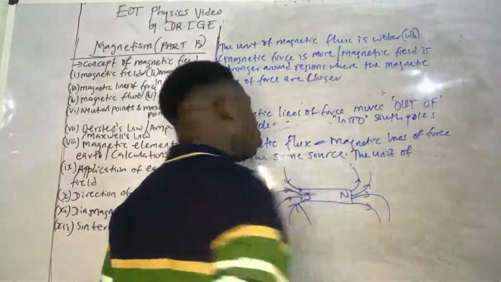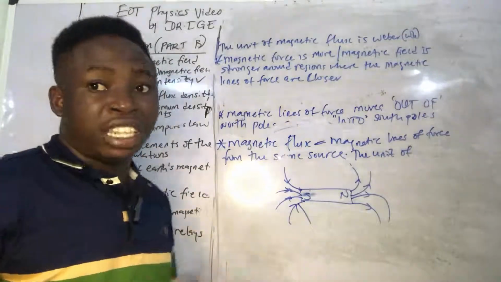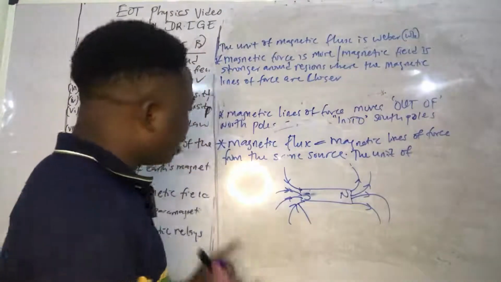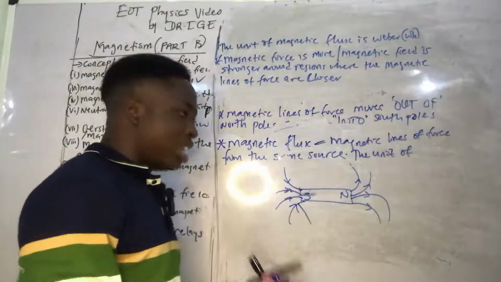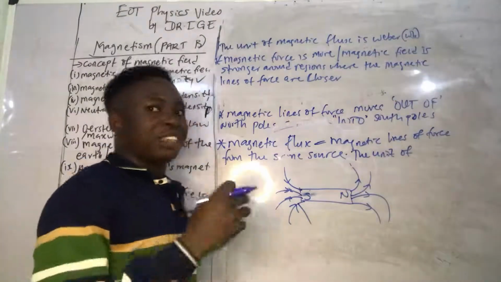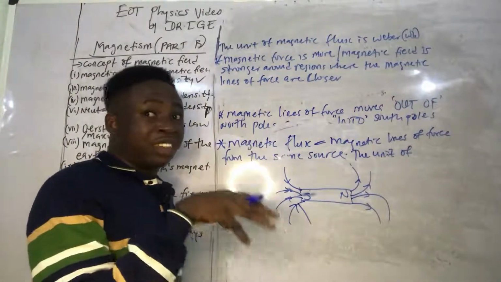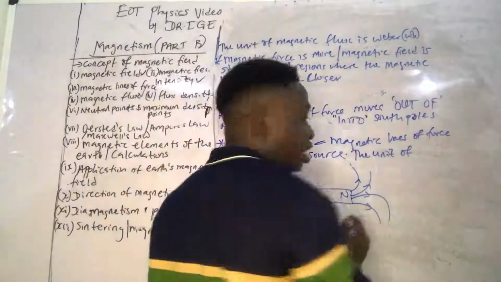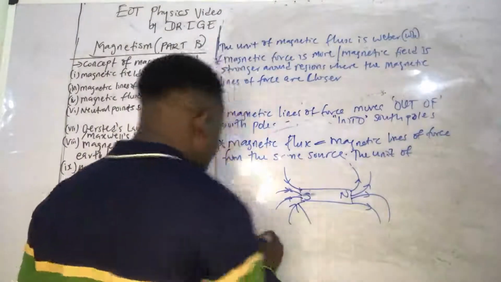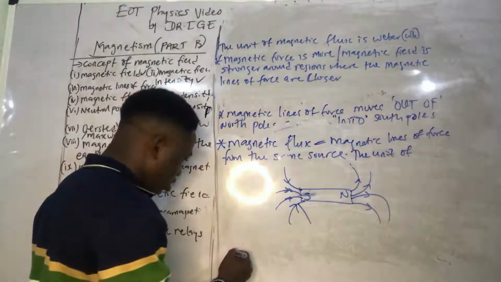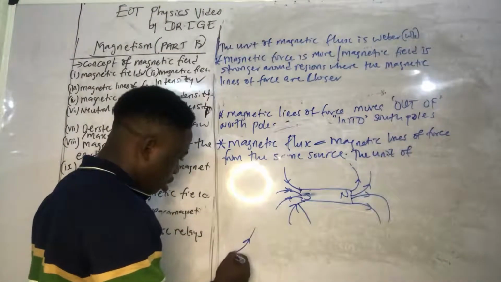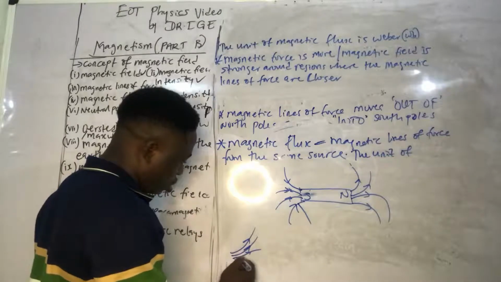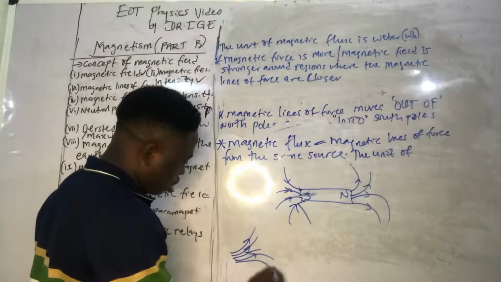This also applies not just in magnetic fields, even in electric fields. The closer the magnetic lines of force or electric lines of force, the stronger the field or the magnetic force there. For instance, I don't know if you can see this part of the board. Let's say we have two instances. These are magnetic lines of force coming from an end pole.